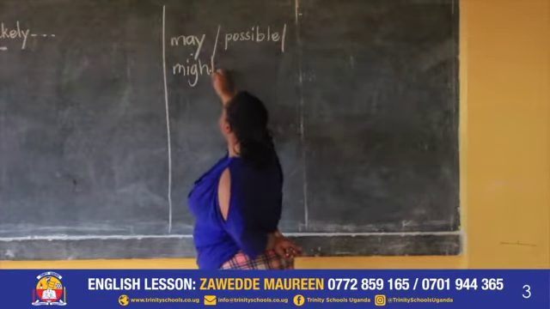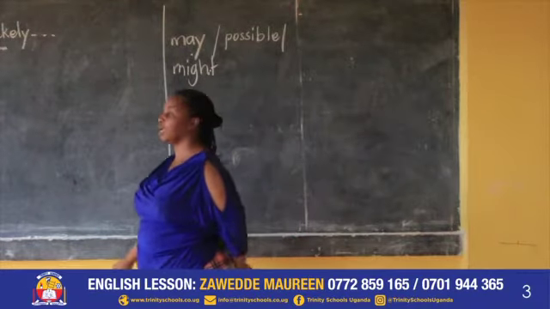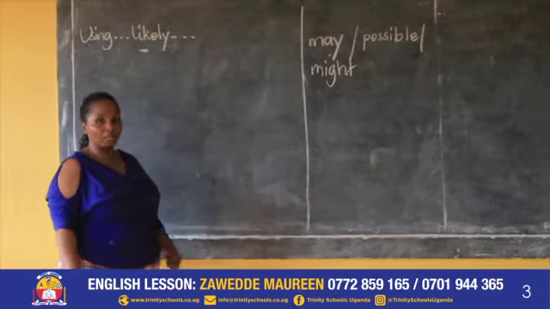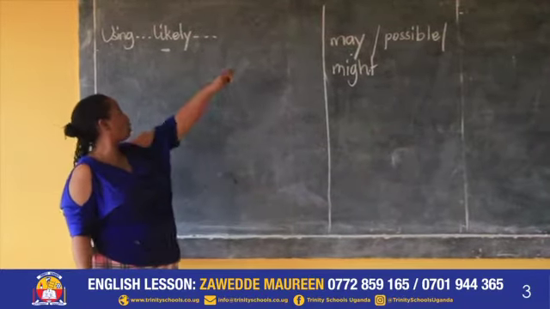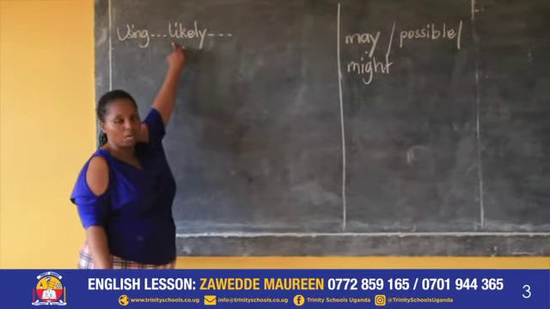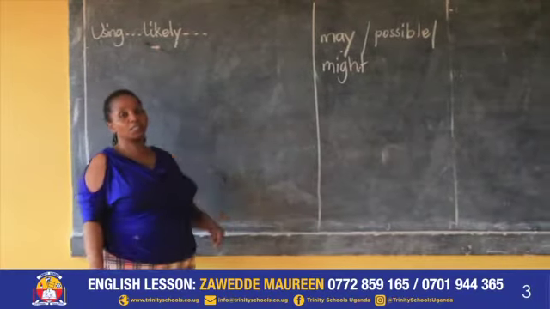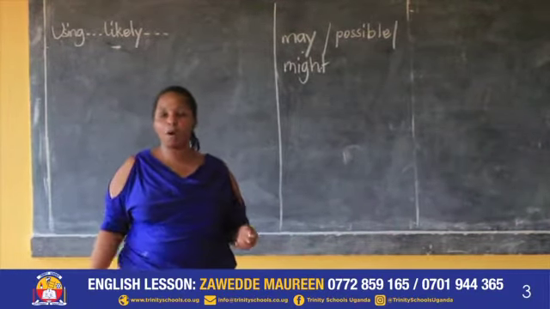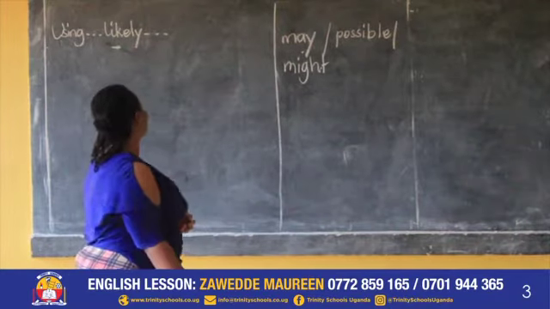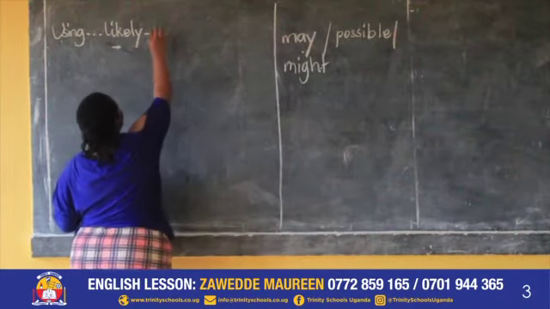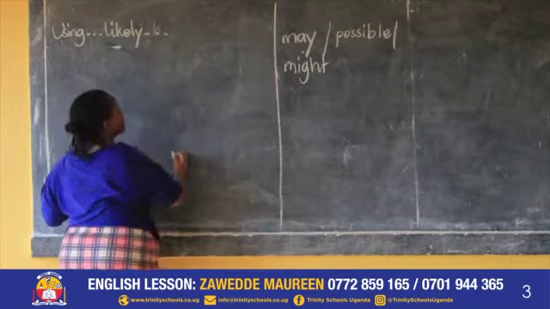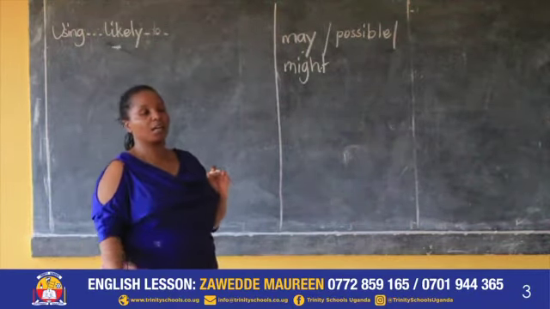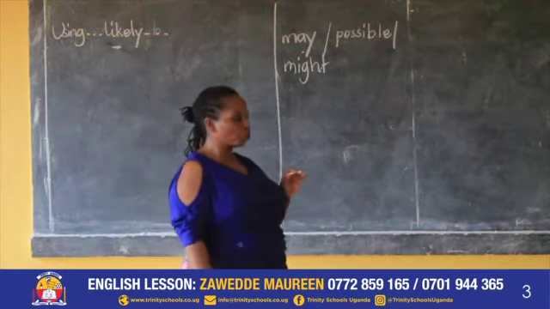So when any of these words appears in the question, we said that these words are going to be replaced with the word likely, and likely goes with the word to. Much as the setter will not put it, at the back of our minds, we should know that likely goes with to.